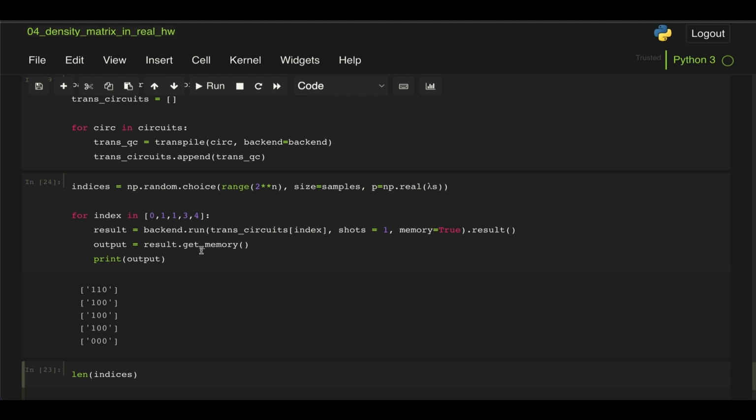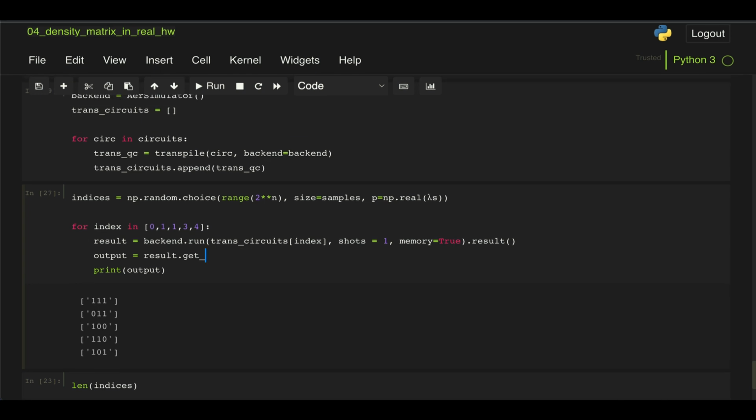So here, since we're running only one shot, the first simulation, which was running circuit 0, gave us this result. The next simulation, which would run circuit 1, gave us 100. The next one also gave us 100, and then the last one gave us 000.